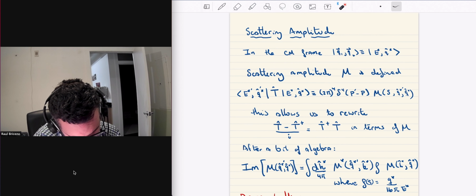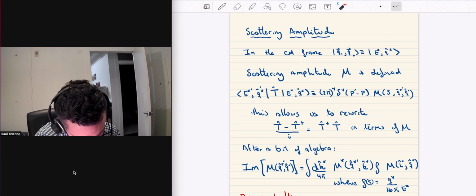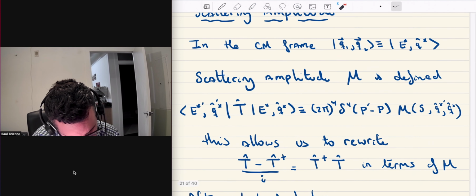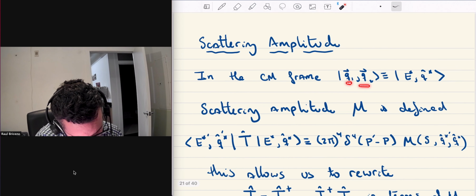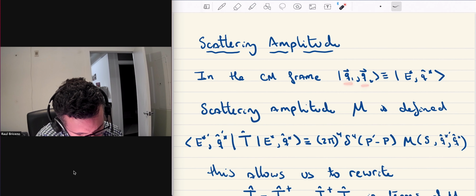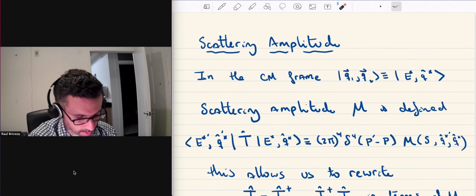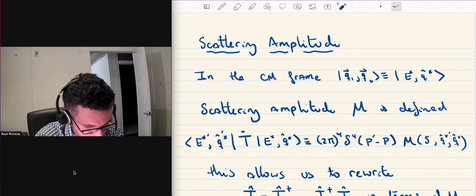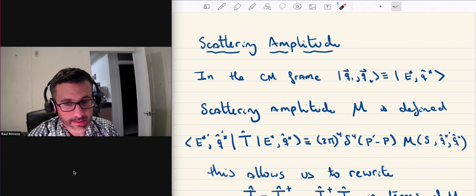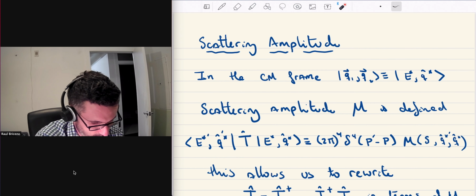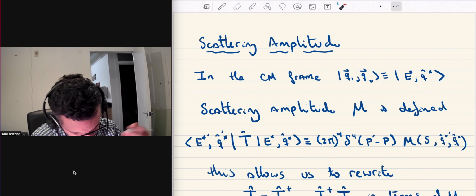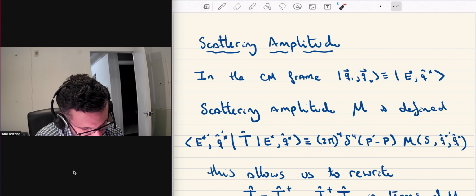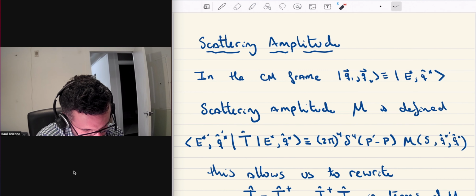And we're going to do this in the center of mass frame with a little bit of bra-ket notation. Here I'm going to write the two-particle states in the center of mass frame in terms of, well, the magnitude of the momenta is fixed, right, by the energy. And because the magnitude of the momenta is fixed and the zero components are fixed by the magnitude of the relative momenta, this only leaves one degree of freedom, which is the angular dependence.